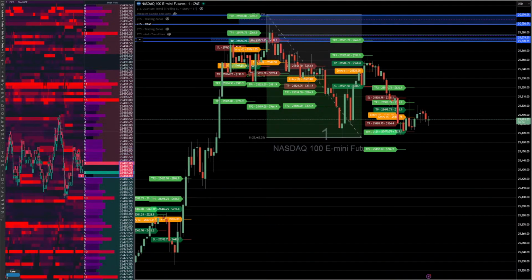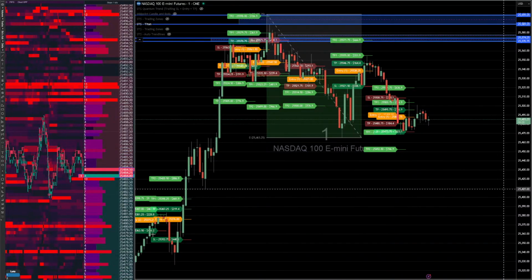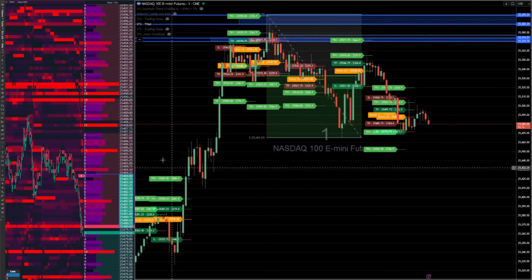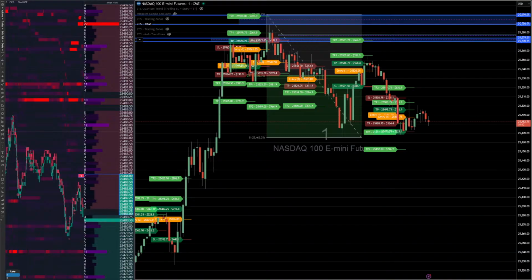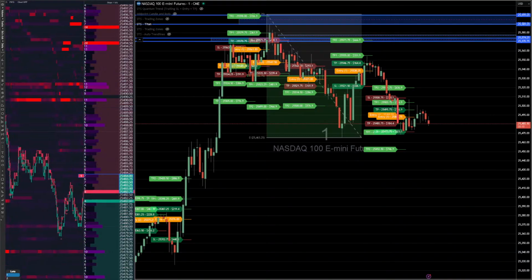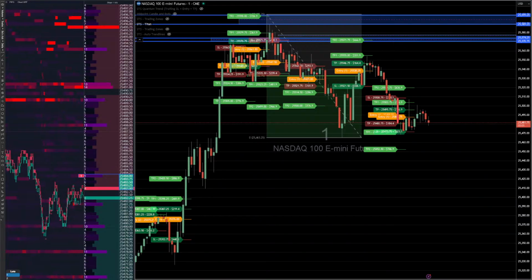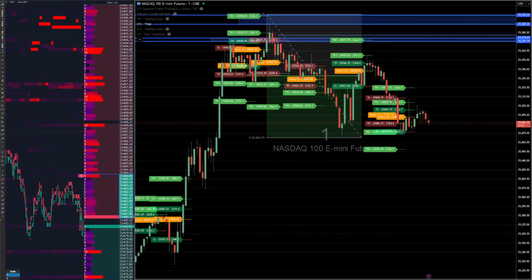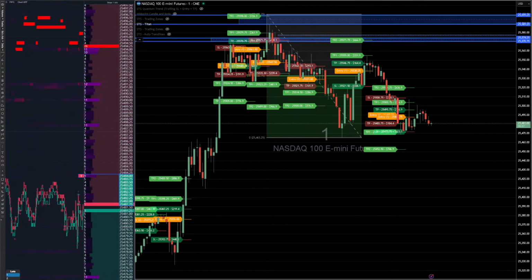You'd want to see price stay outside of that area. If it doesn't, and it's reclaiming back into that territory, it normally ends up going for the middle part, which is where we're at now. We just never broke out. We made the high and fell back in.